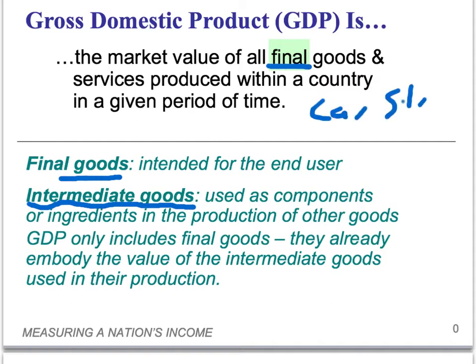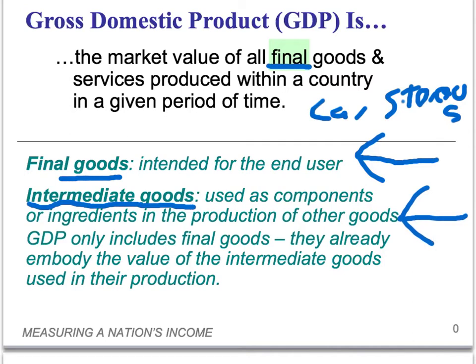If I am making one for somebody to just buy the car stereo to put in their own car, that is a final good. However, the overwhelming majority of car stereos are not sold as final goods. They are sold to a car company, and they're intermediate goods.